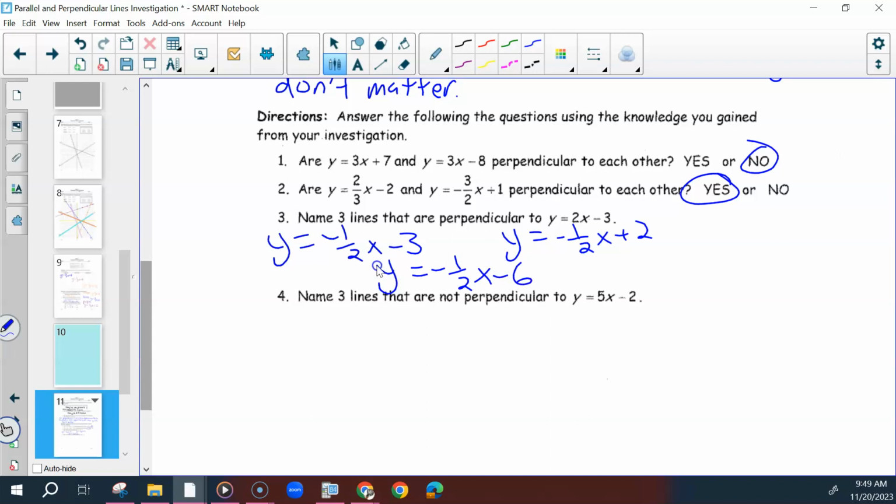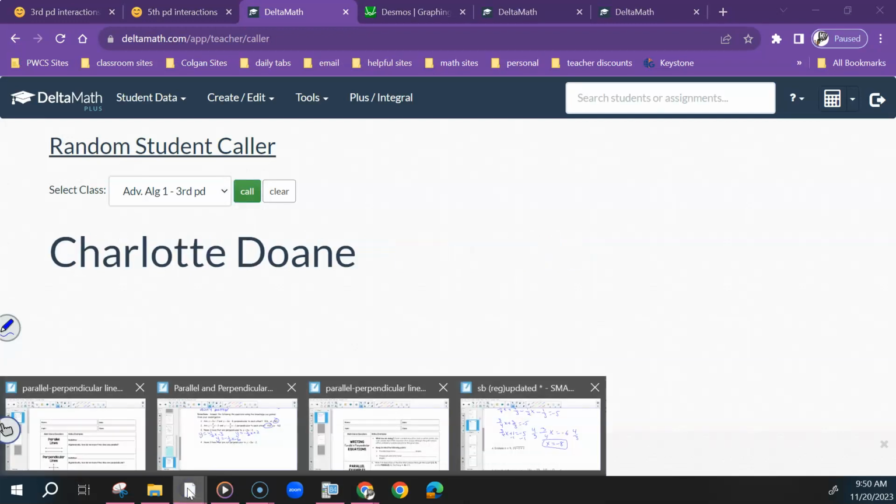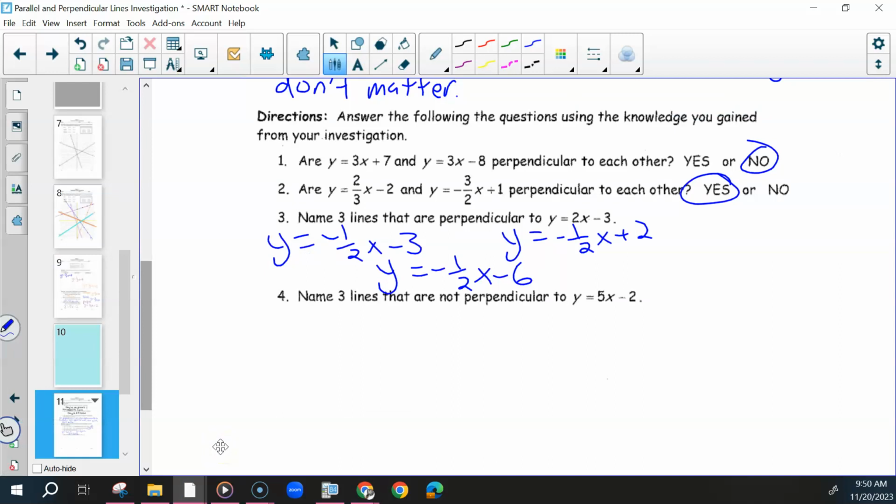Great. Three other people to give me something that is not perpendicular. Or I can volunteer someone. You already went also. Different people. Charlotte, give me a line that is not perpendicular to this.